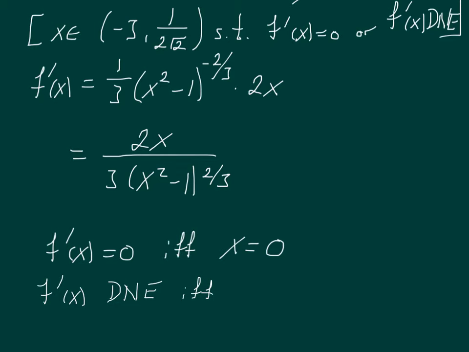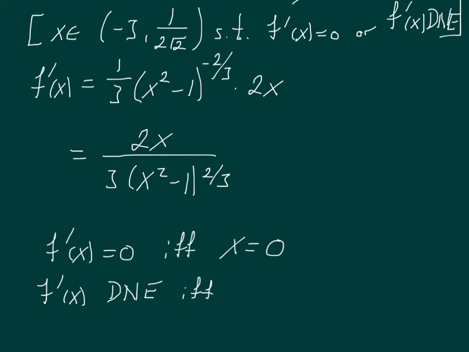Exactly when? Well, when does this fraction not exist? It's not going to exist exactly when the denominator is 0. Notice it doesn't matter what x you choose: you could square it, subtract 1, and then take its cube root and square that. So this denominator does in fact make sense for all x. The fraction doesn't exist only when the denominator is 0.